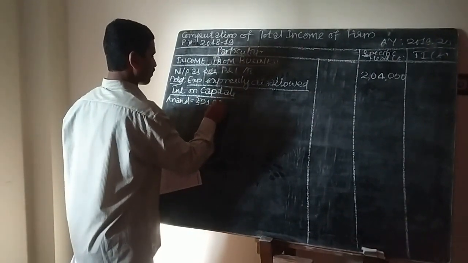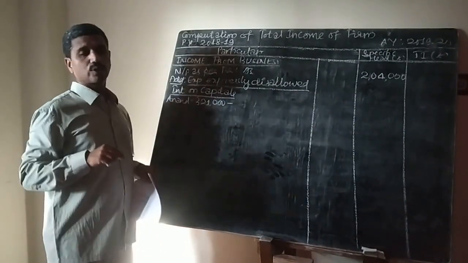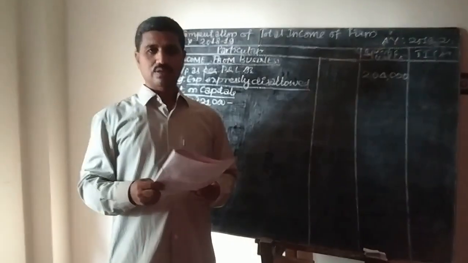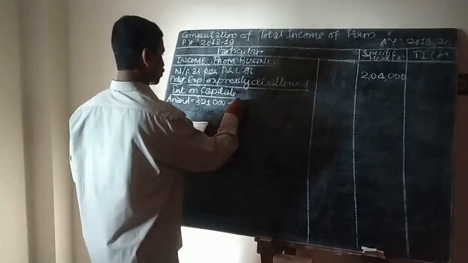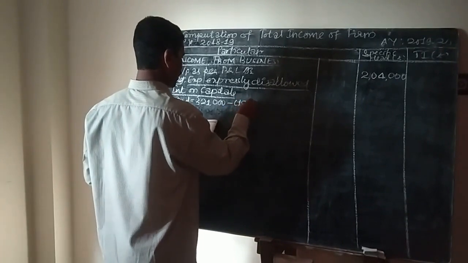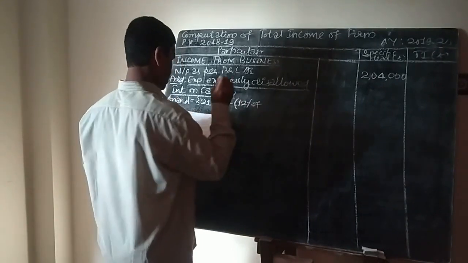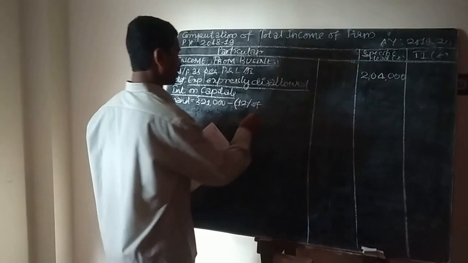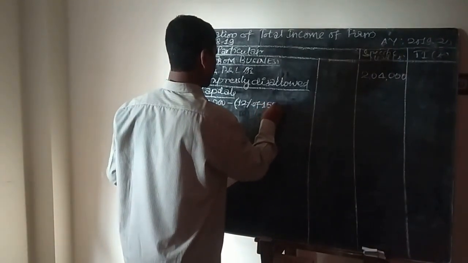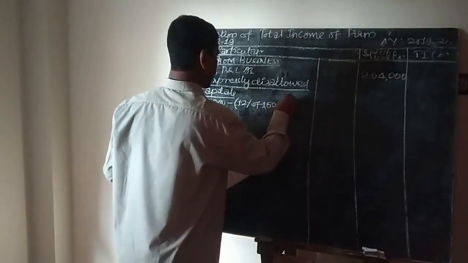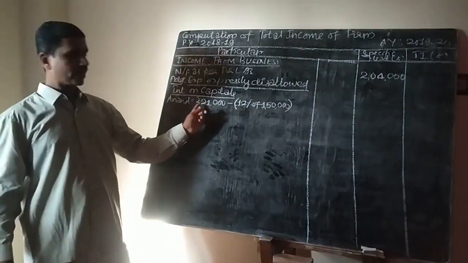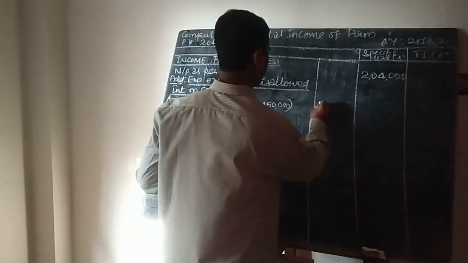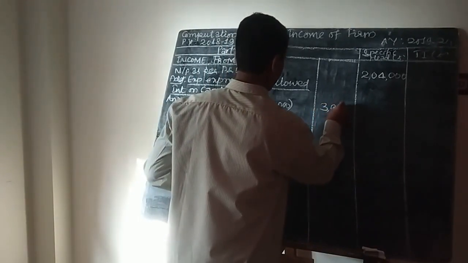As per the provisions, only 12% of the capital balance will be allowed as interest. 12% of the capital balance of Anand, which is rupees 1,50,000, comes to 18,000. So 21,000 minus 18,000 comes to 3,000.